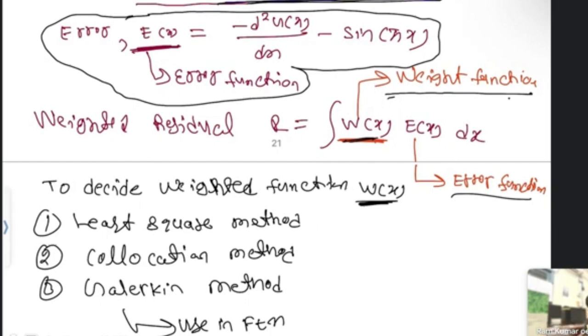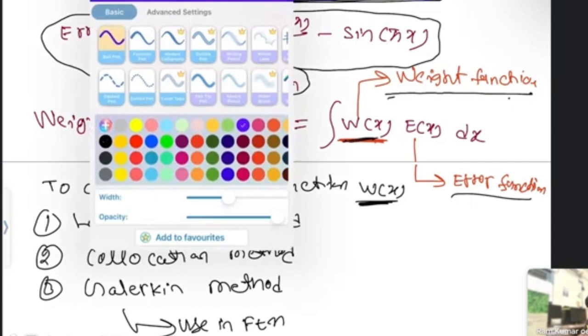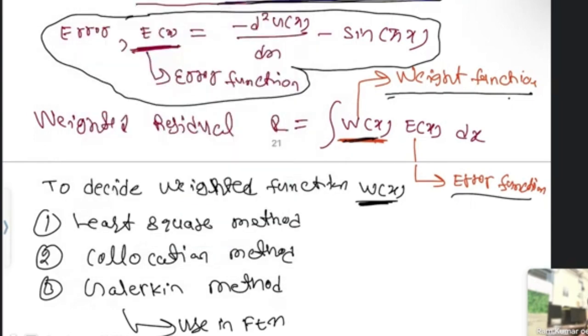Now one more thing I want to add. In least square method, the weighted function becomes the error function itself. We have w and e(x), so in least square both become the same.